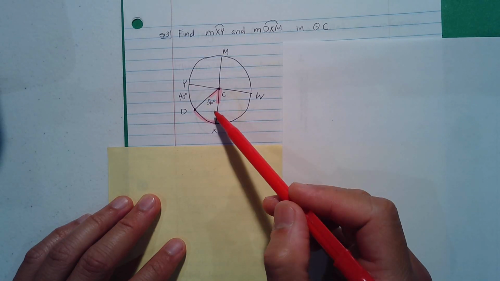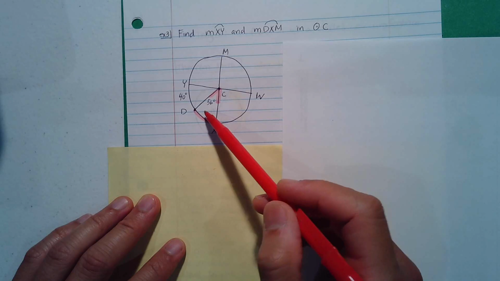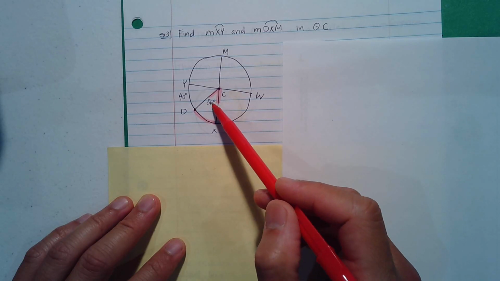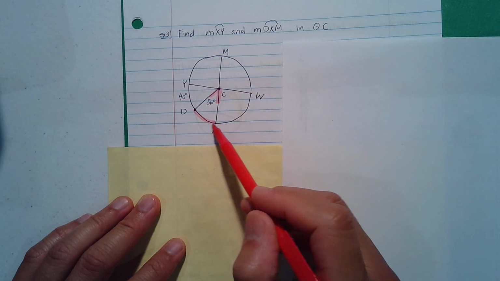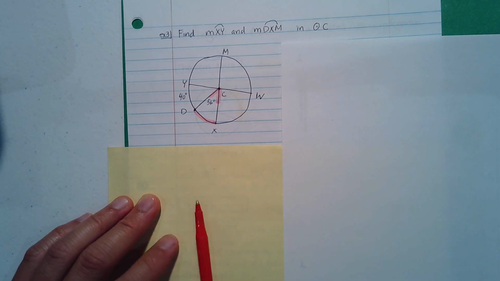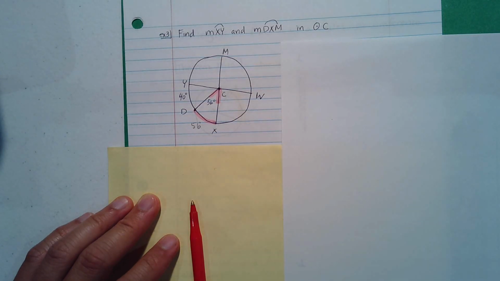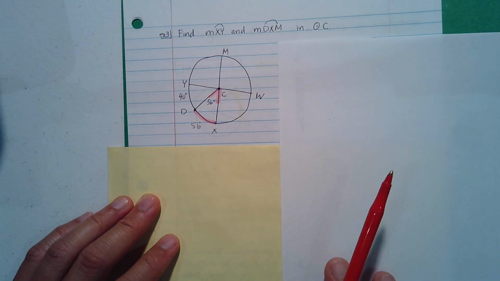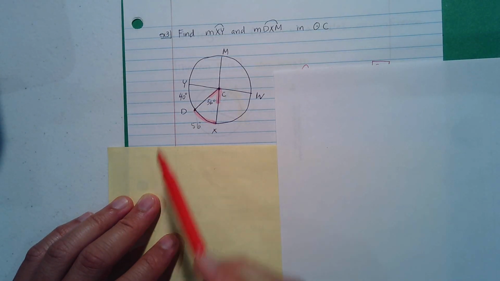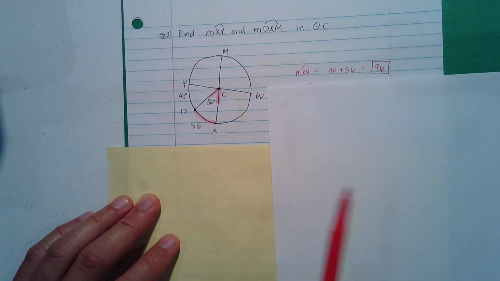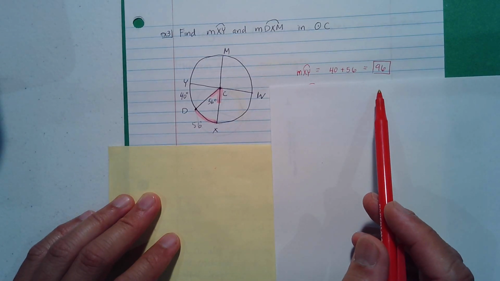That means you're going to add the two arc measures. If the central angle is 56, we know that the arc is 56 as well. So now to find the measure of arc XY, we just add these two arcs together, and it's going to be 96 degrees.